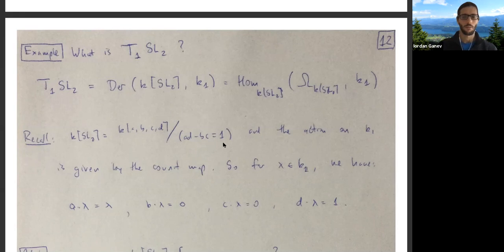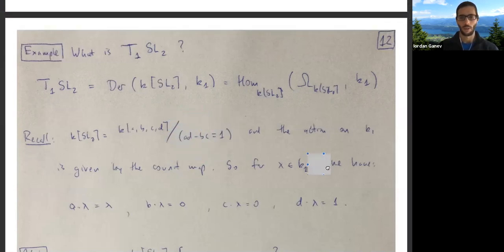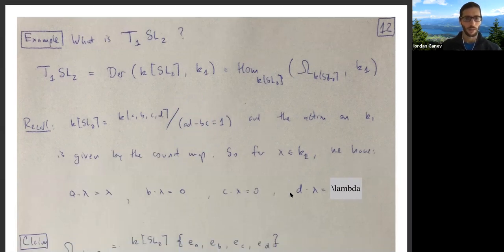If we want to be explicit, then if we have a lambda in K1, so it's just an element in the field, then A and D both act as 1. Oh, this should be a lambda, not a 1. The action of D is by 1. And B and C act by 0. That's clear from what the co-unit map is doing, and it's clear because it's coming from the identity matrix in SL2.